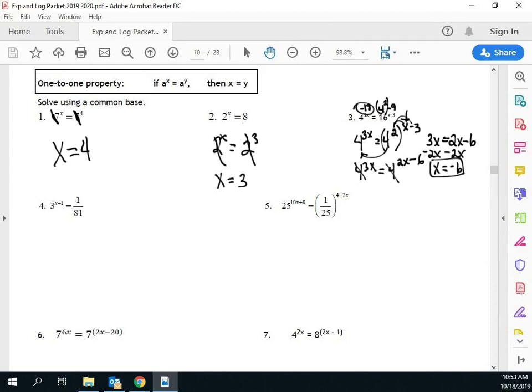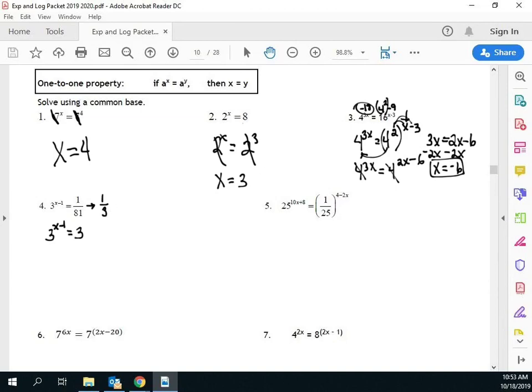All right? On to number 4. How can we rewrite? Well, which side do we need to rewrite, guys? The right side, good. How could we rewrite 1 over 81 with a base of 3? It's 1 over 3 to the 3, right? Is that right? 9, 27.